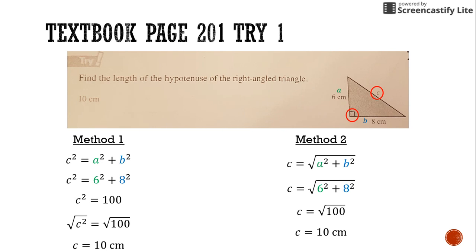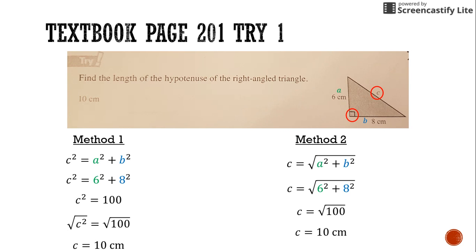So in both methods, we still get the same answer. Because the cheat code from method 1 and the cheat code from method 2 are related to one another, it doesn't matter which cheat code we use. So this is how we find the length of the hypotenuse of the right angle triangle.